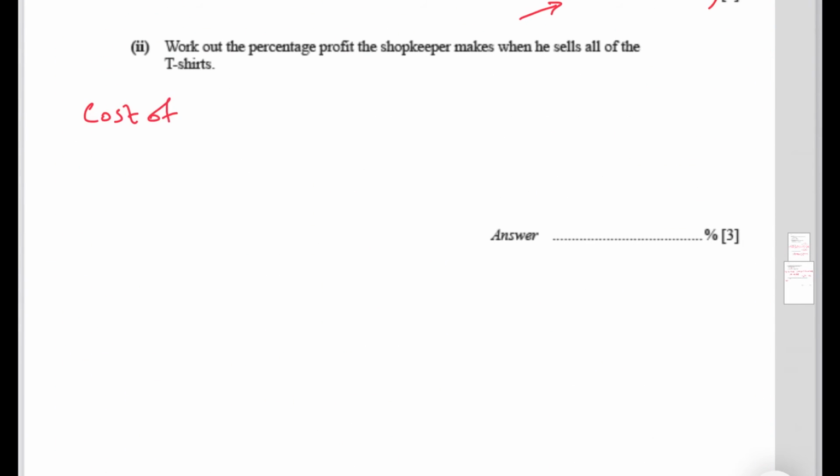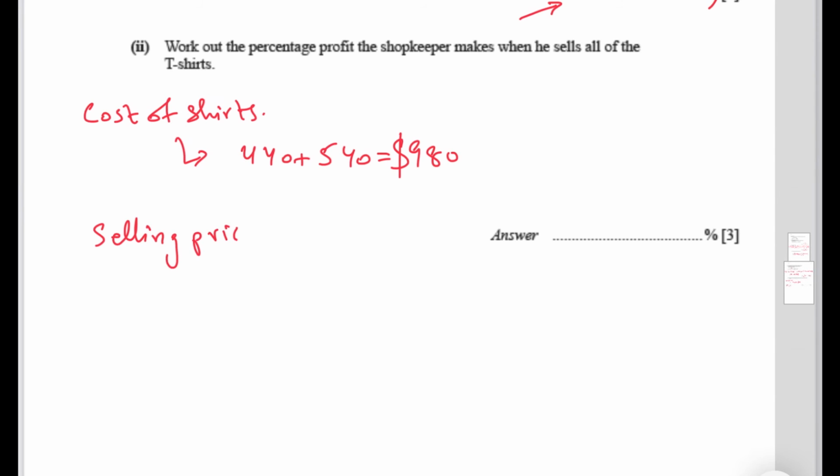Cost of shirts would be the sum of 440 plus 540, the amounts at which Anya sells these t-shirts to him. Let's do this. 440 plus 540 gives us $980. The next is to calculate the selling price of these t-shirts.